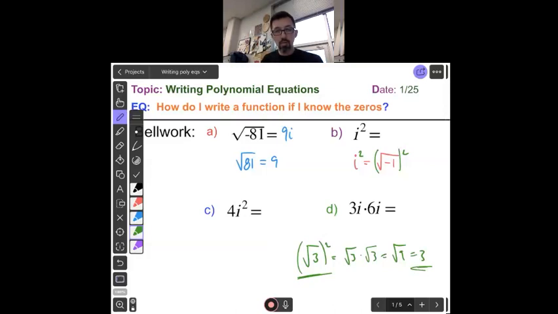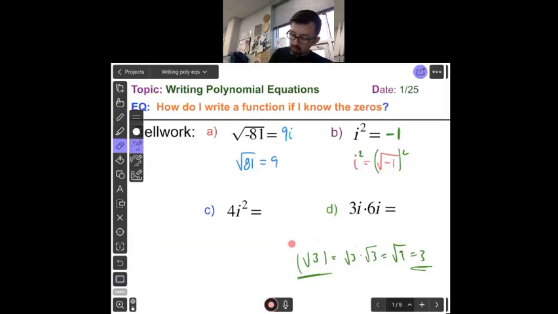The square root of 3 squared is 3. So what's the square root of negative 1 squared equal to? Negative 1, yes. i squared is equal to negative 1.